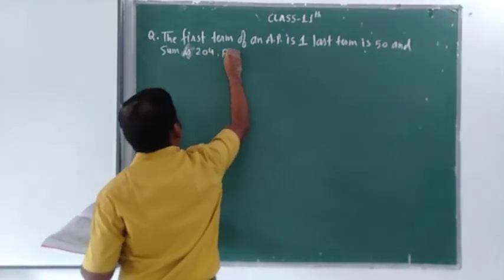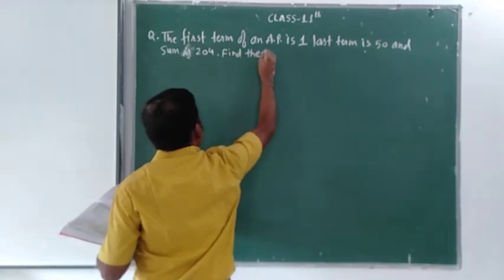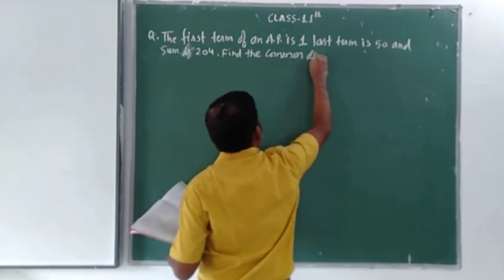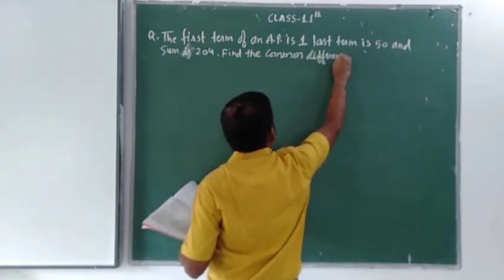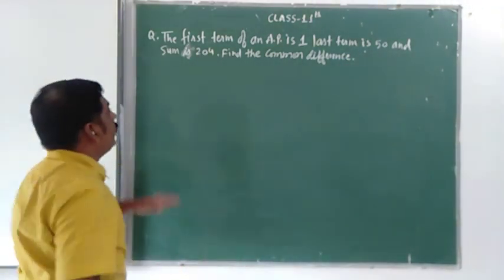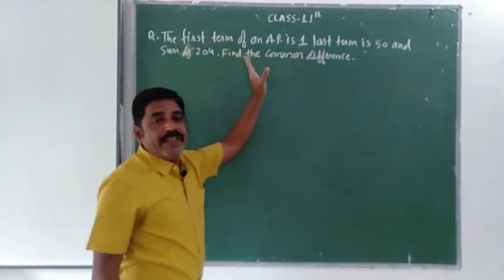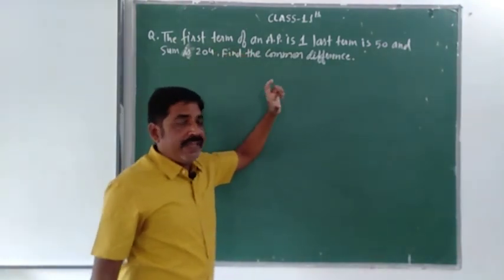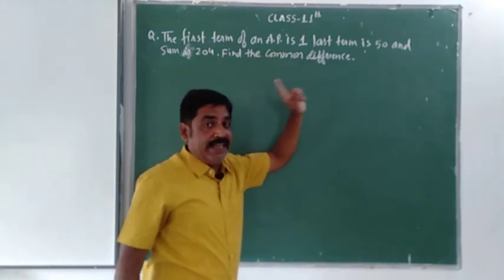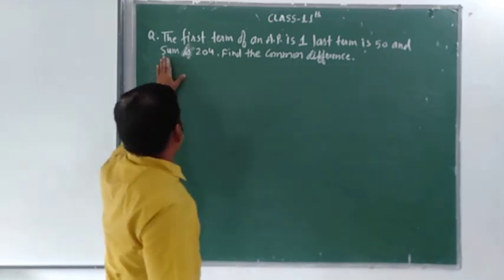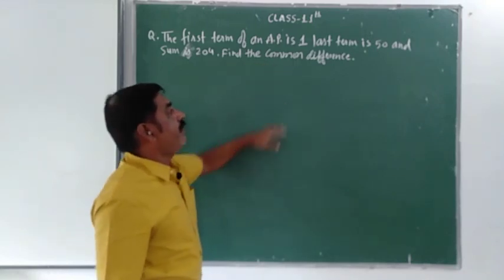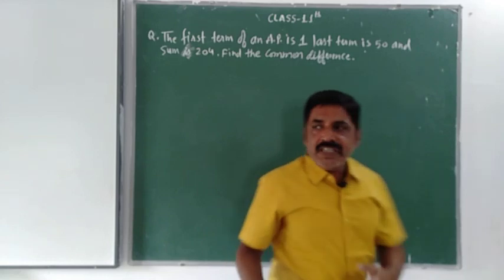Find the common difference. Right? So in this question we have been given the first term of an AP. The first term is denoted by small a, which is 1, so a is equal to 1. Last term is 50, so l is equal to 50, and sum is 204. Find the common difference.